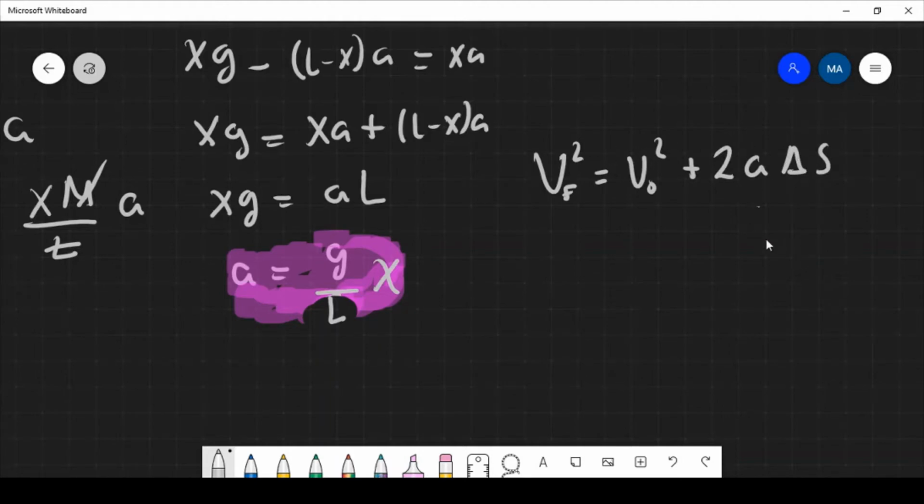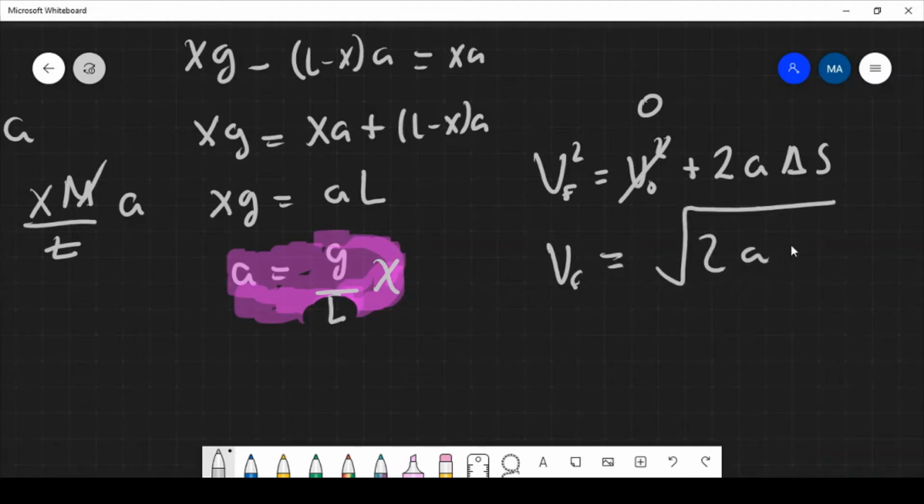Do you remember this? Now what's interesting about this? The initial velocity is 0 because we are considering it sliding. We didn't give it velocity. So the v final is equal to the square root of 2a multiplied by the variation of space.